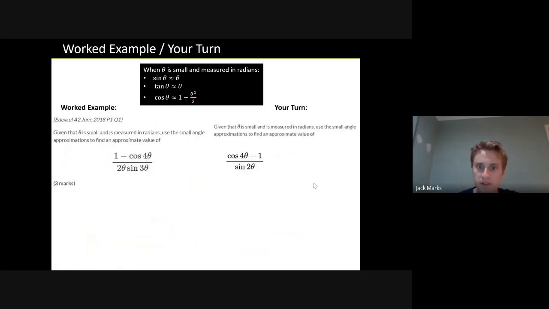Here are some previous examples, such as that from 2018. So 1 minus, let's use the result, put it in brackets to be on the safe side, 1 minus 4 theta all squared over 2, theta to the 2 theta squared. In fact, I think we just did that one, did we not?